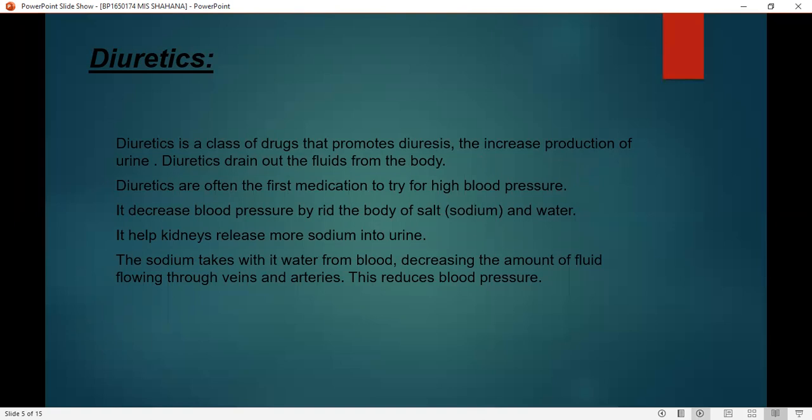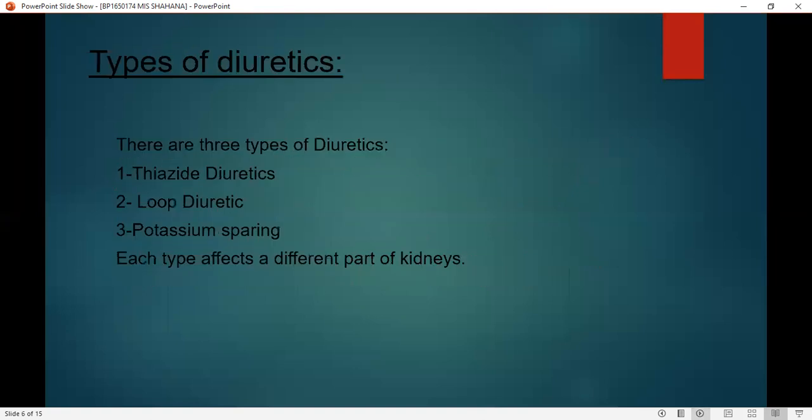It decreases the blood pressure by ridding the body of salt and sodium. It helps the kidneys release more sodium into the urine. The sodium takes with it water from the blood, decreasing the amount of fluid flowing through veins and arteries. In this way, it reduces the body's blood pressure.